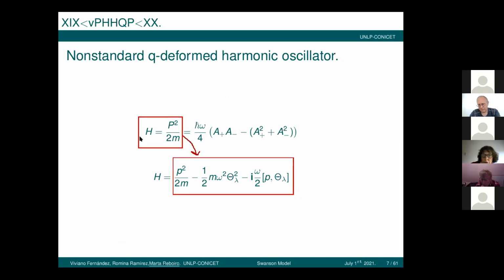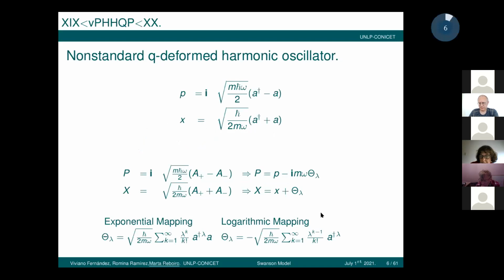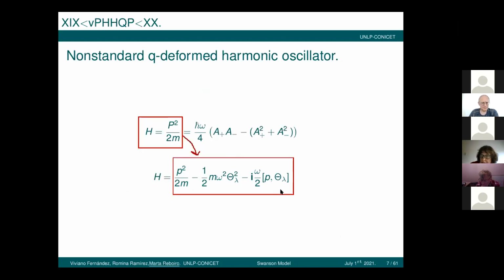The first we thought of was P squared over 2m, and then with the series expansion of A, we end up with this type of Hamiltonians. At this time, we said, really, the deformation introduces an interaction in the system.